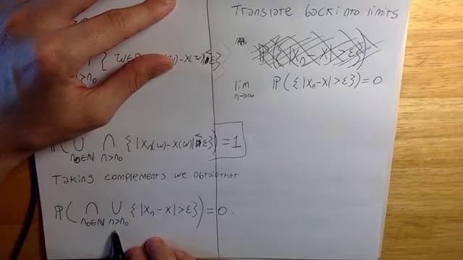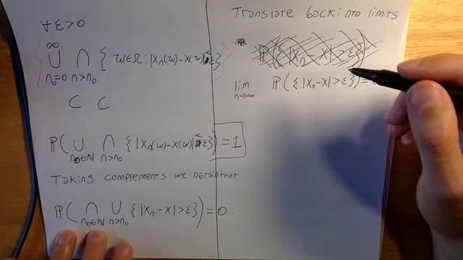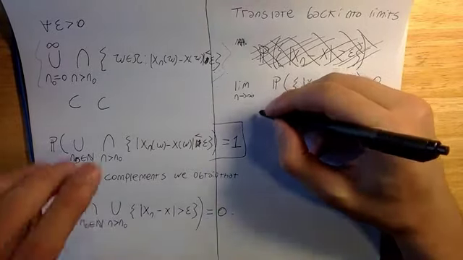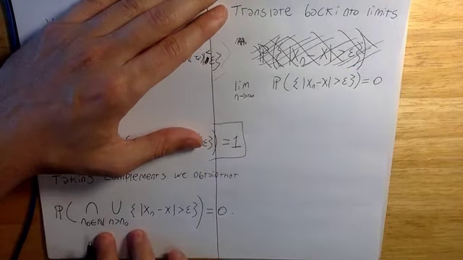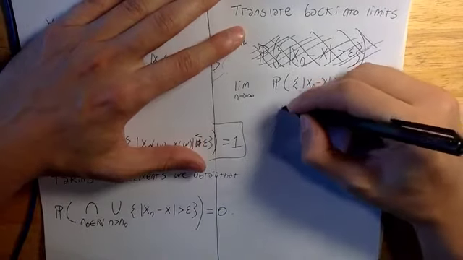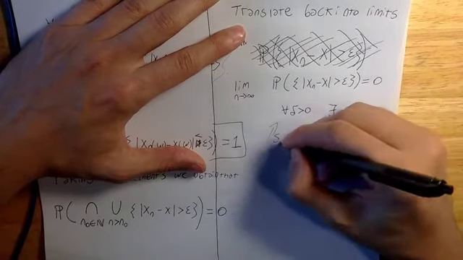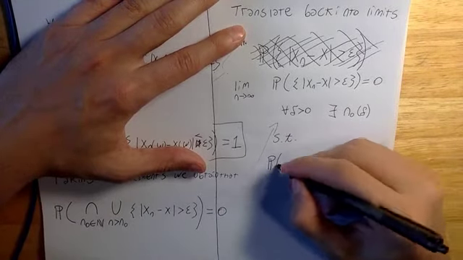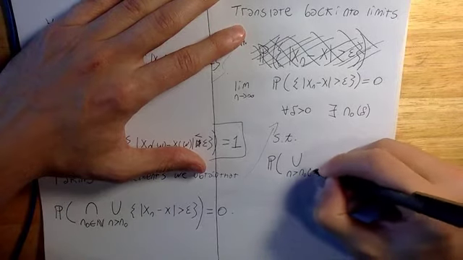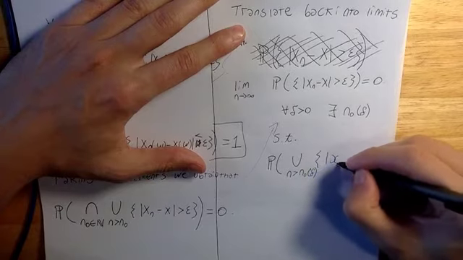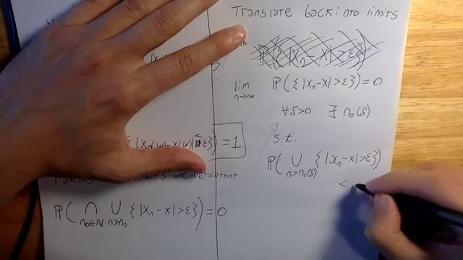Okay, so then what do we do? This thing here is telling you that for every delta positive, there exists n0 that depends on delta such that the probability of the union over n larger than n0(delta) of |xn minus x| bigger than epsilon is less than delta.